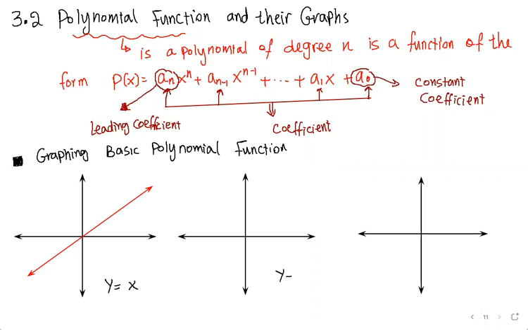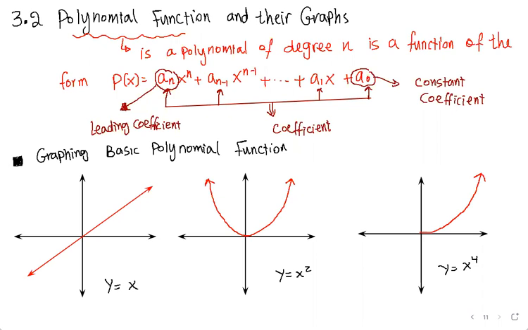Now y equal x squared is a parabola. The graph is going to be something like this. This is a quadratic, as we learned in the previous section. Now for y equal x to the 4, any even number, 2, 4, all of them have the same shape.